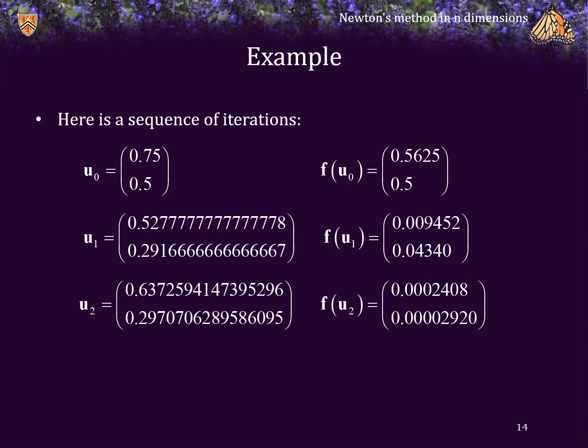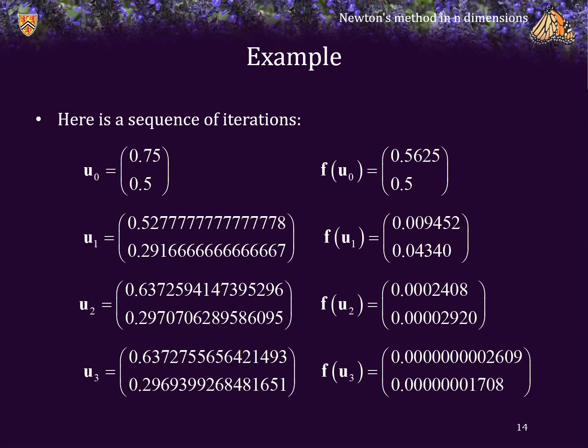Notice that there's approximately twice as many zeros there, so it seems to be converging at the same rate as Newton's method in one dimension. After one more iteration, we have a very good approximation of the root because, again, the value of the function is almost 0.